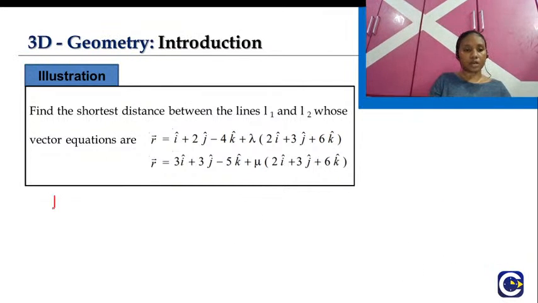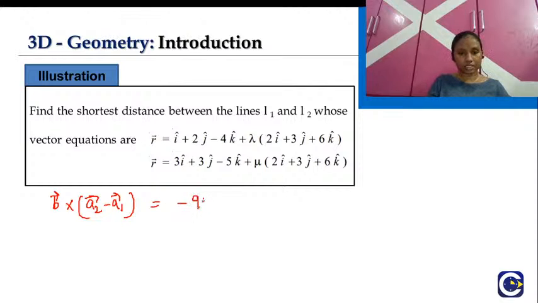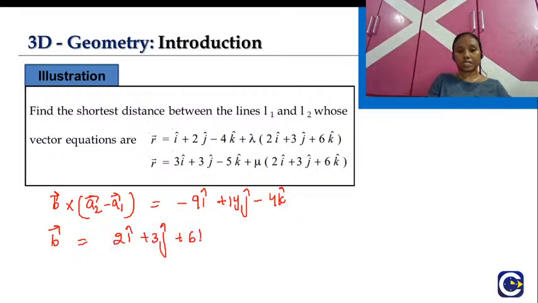So far we got our b bar cross a2 bar minus a1 bar vector. We already got that. So what is that vector? b bar cross a2 bar minus a1 bar is nothing but minus 9 i cap plus 14 j cap minus 4 k cap. As well, what is our b vector? My b vector is 2 i cap plus 3 j cap plus 6 k cap. So now how will I use my formula?